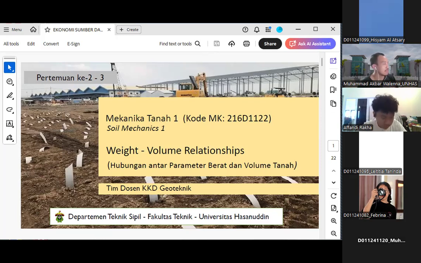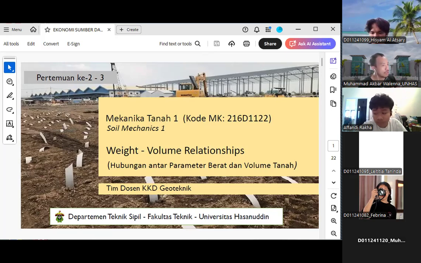Because as I mentioned before, when we design a foundation, we need to know whether the soil will compress, whether the soil will experience a settlement when we expose it to a loading or a certain force.